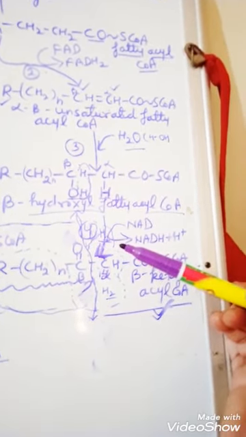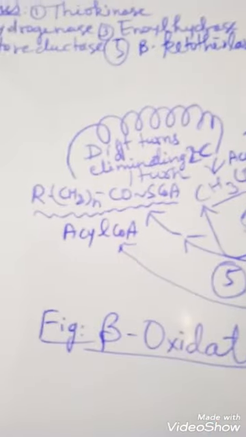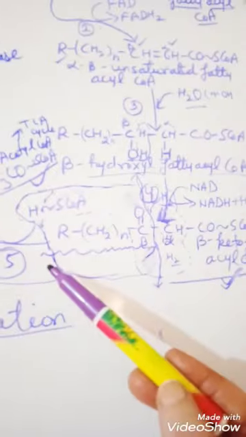and DPN plus. In the last step, step 5, what happens?